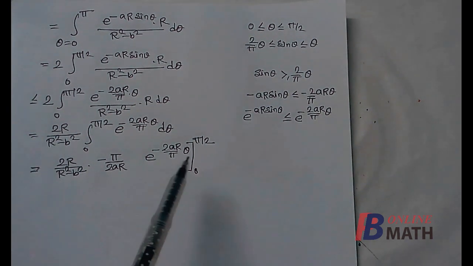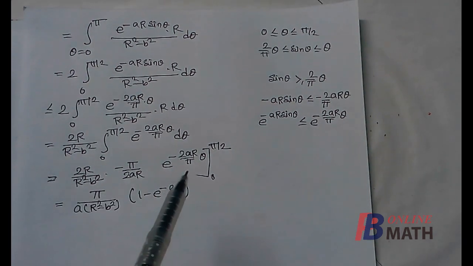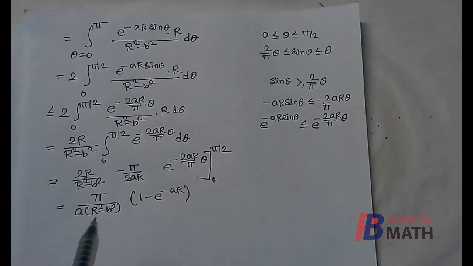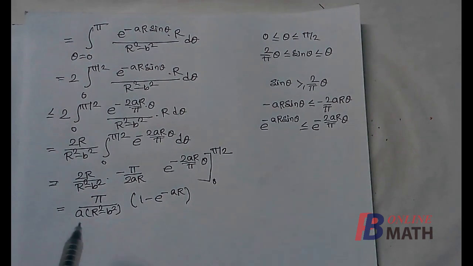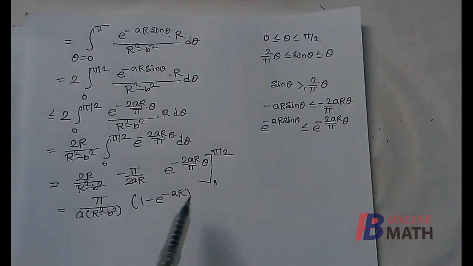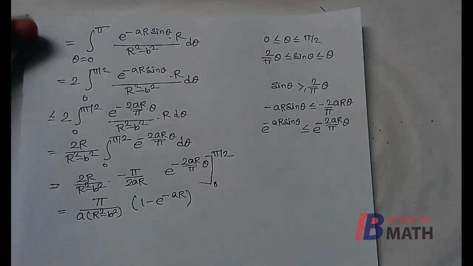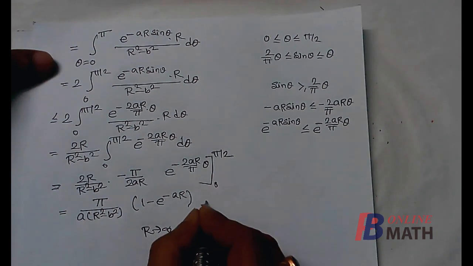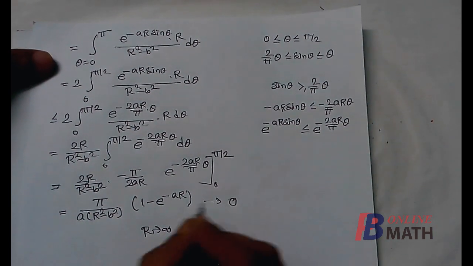Now we shall replace the limits of theta. Replacing the limits, we find that after the simplification this integral becomes pi by a into R square minus b square, multiplied by 1 minus e to the power minus a R. And if R tends to infinity, this easily tends to 0.